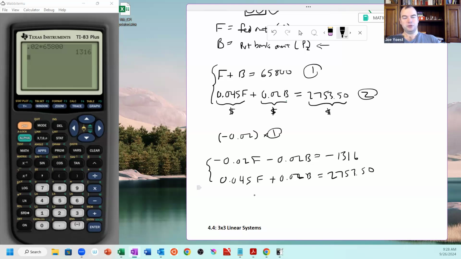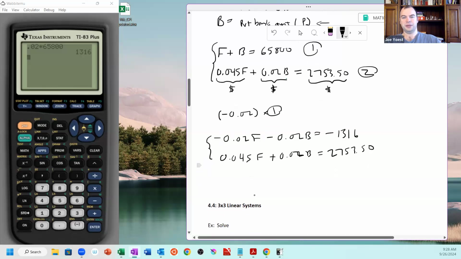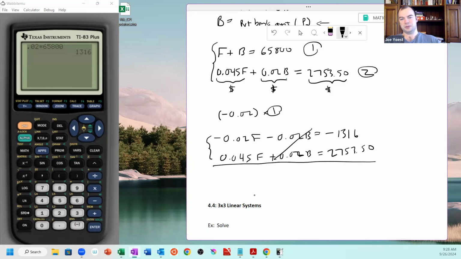So now I still have two equations and two unknowns, but now I can add these together. And I notice that my minus 0.02b plus 0.02b goes away. My f variable has a coefficient of 0.045 minus 0.02, or that's 0.025.